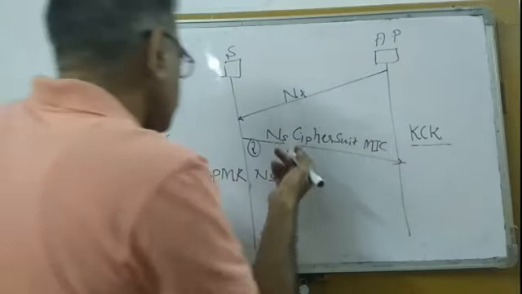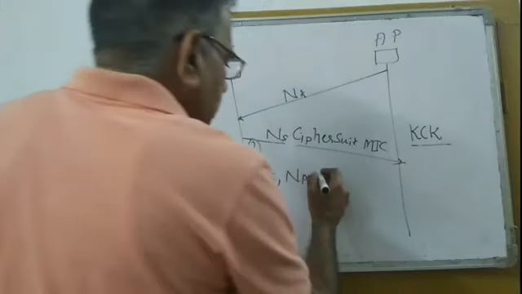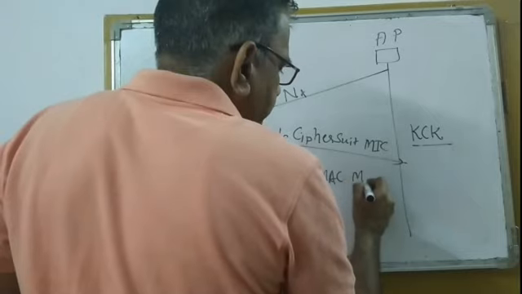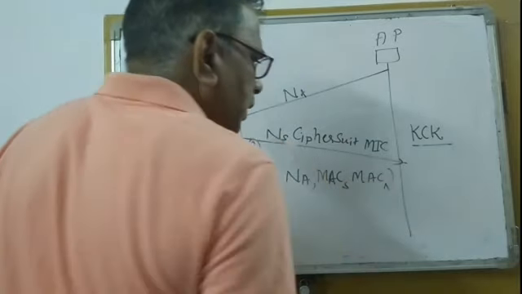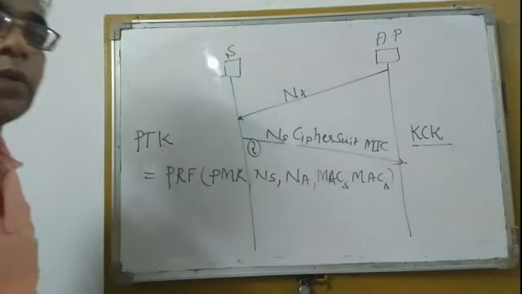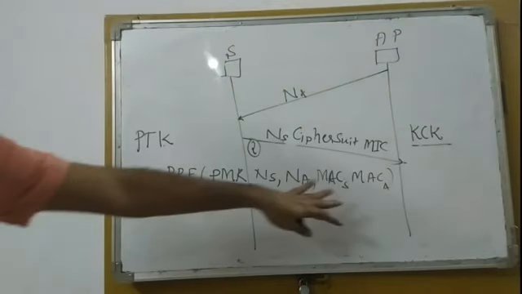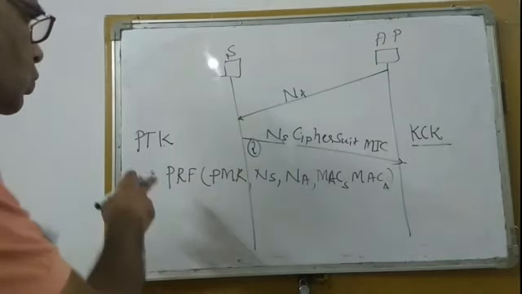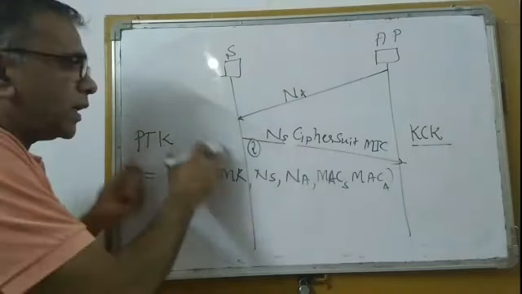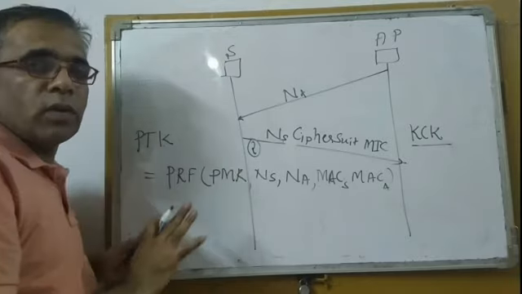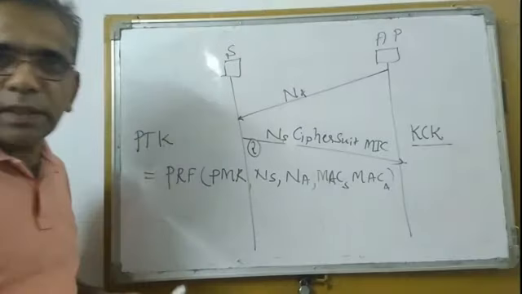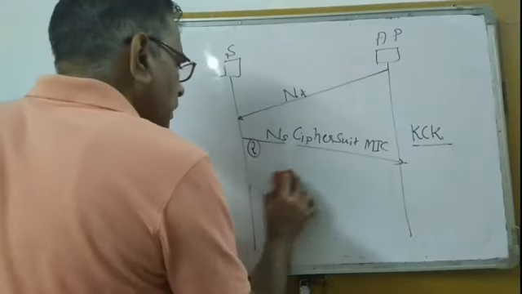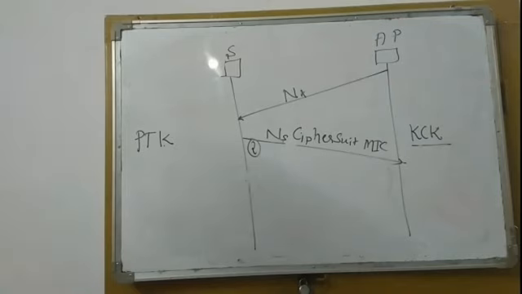Then the MAC addresses of both the station as well as the AP. You know that a MAC address is 48 bits in length. So that information along with these nonces and PMK will be used to generate the PTK. This is how the pairwise transient key is generated. This in turn helps us to derive the KCK, KEK and TK.